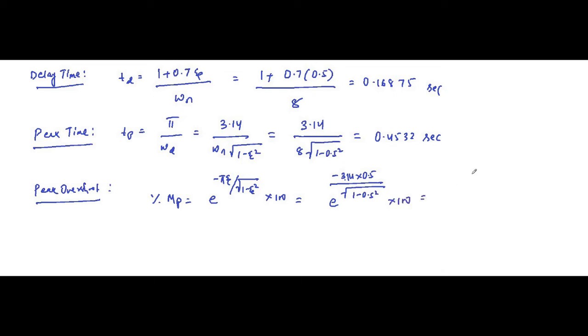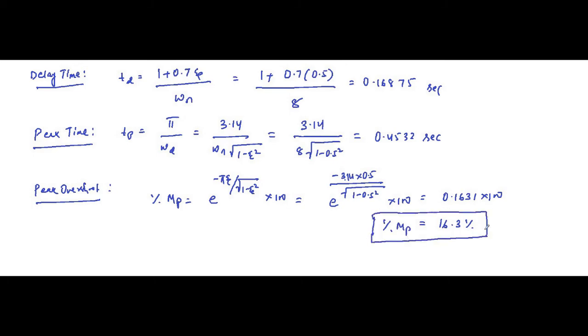It is coming around 0.1631 into 100, which is equal to 16.3%. That is the percentage of peak overshoot.